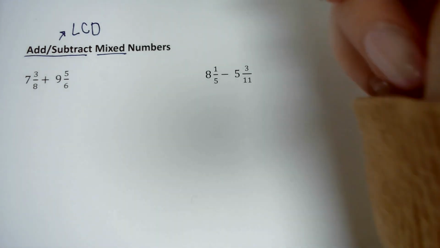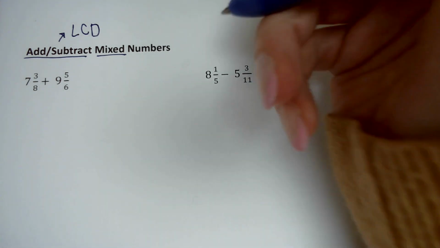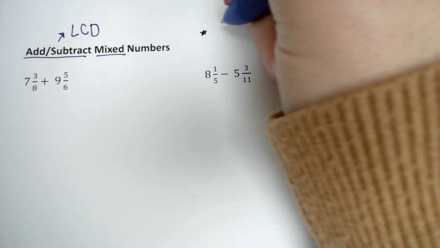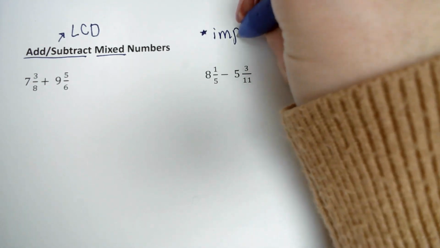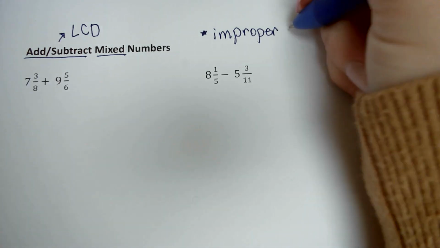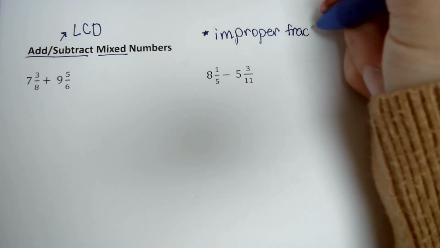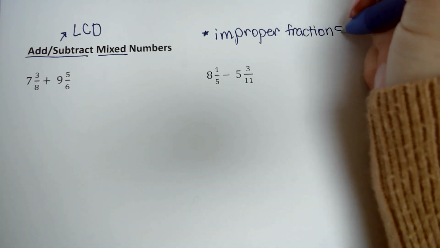But remember, we're combining skills. We're combining our unlike fractions and our mixed numbers. So step number 1, we want to make all of our fractions improper. I was combining words there. So improper fractions are our first step.